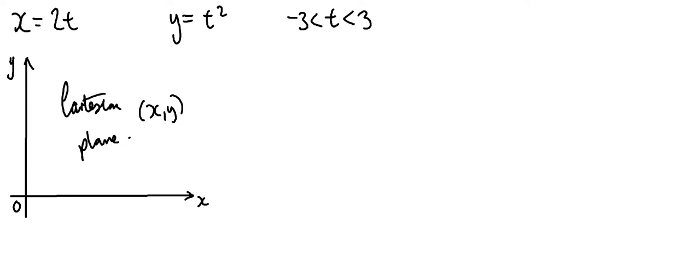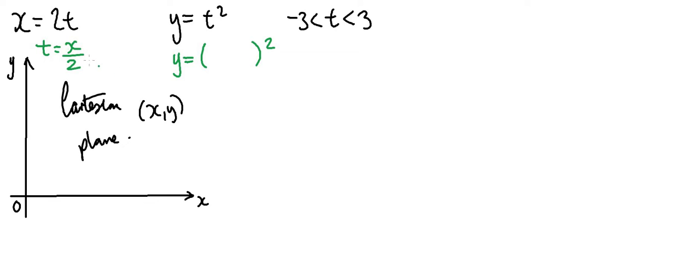So I need to think about it a little bit differently. What I'm going to do is put t in terms of x. If x equals 2t, that means that t must be equal to x over 2. Now, y is equal to t squared.